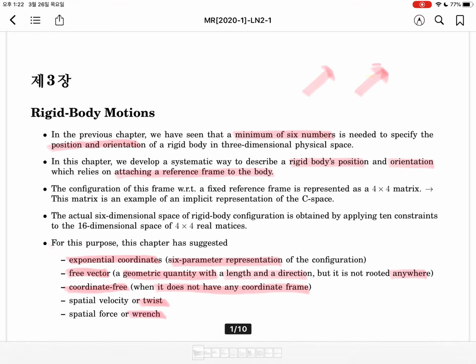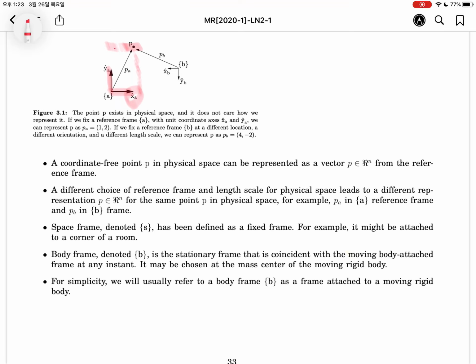Let's assume that we have a coordinate-free point, just P. If we attach the frame A here, using the XA and YA coordinate axes, and then project onto the XA axis and the YA axis, we can get the coordinate values.